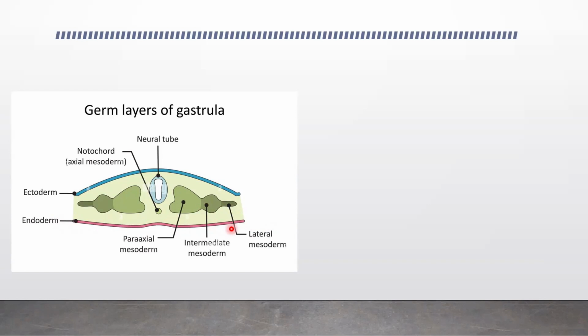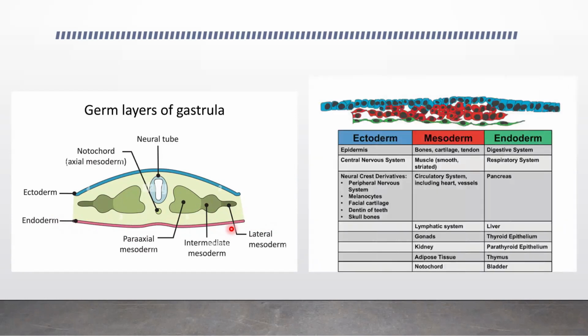Then for the endoderm, of course, now it will form the lining epithelium of the respiratory system, and also the lining epithelium for the gastrointestinal system. So that is it, and this is a brief summary of what we are going to see. So the ectoderm gives you the epidermis, the central nervous system, and the rest of the neural crest derivatives. We'll cover this well when we go to the development of the head and neck. Then mesoderm, we've seen the structures that it gives, even the intermediate mesoderm, giving you the urogenital system.